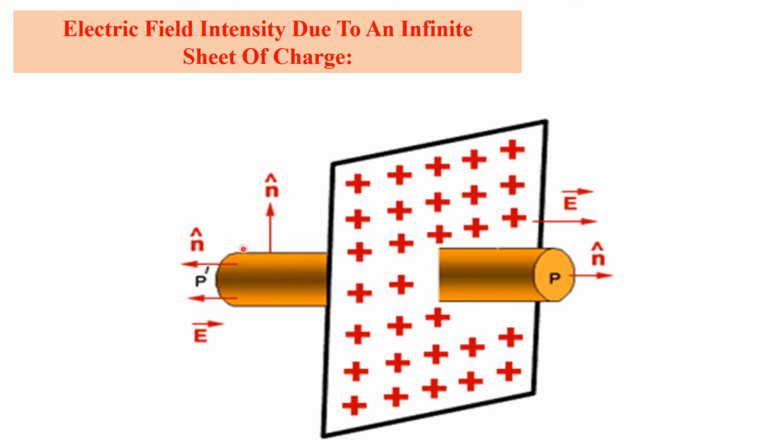Remember that Gaussian surface is an imaginary surface and it is placed perpendicular to the direction of this infinite sheet of charge. This cylindrical shaped Gaussian surface has cross-sectional area A. The electric field E is perpendicular to the face containing P, and electric field E is parallel to the curved surface of Gaussian surface.